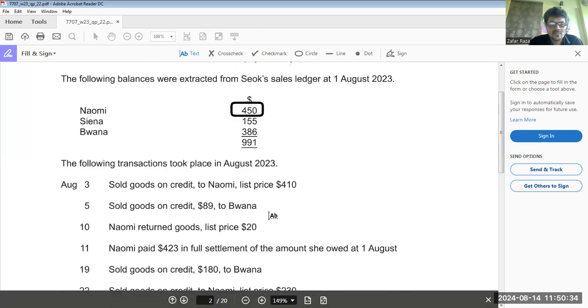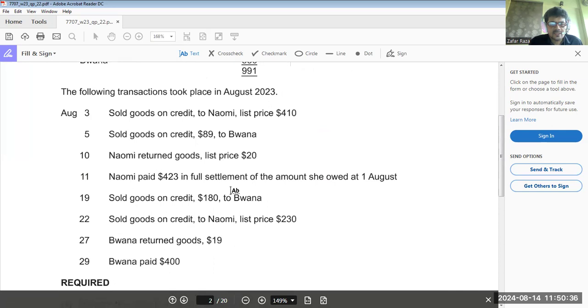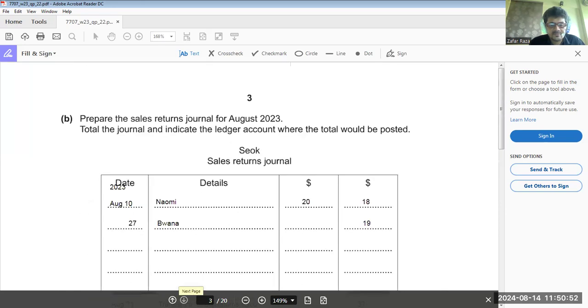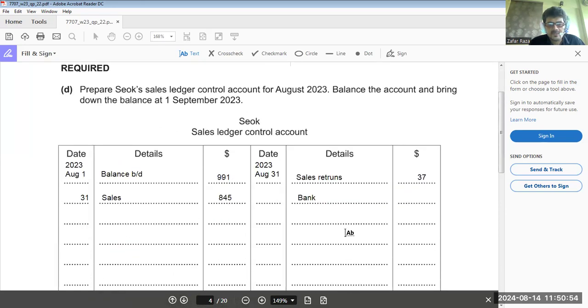See, 423 we have collected from Nomi, plus Bhavana paid 400. That means 823 we have collected altogether this month. 823. Okay.